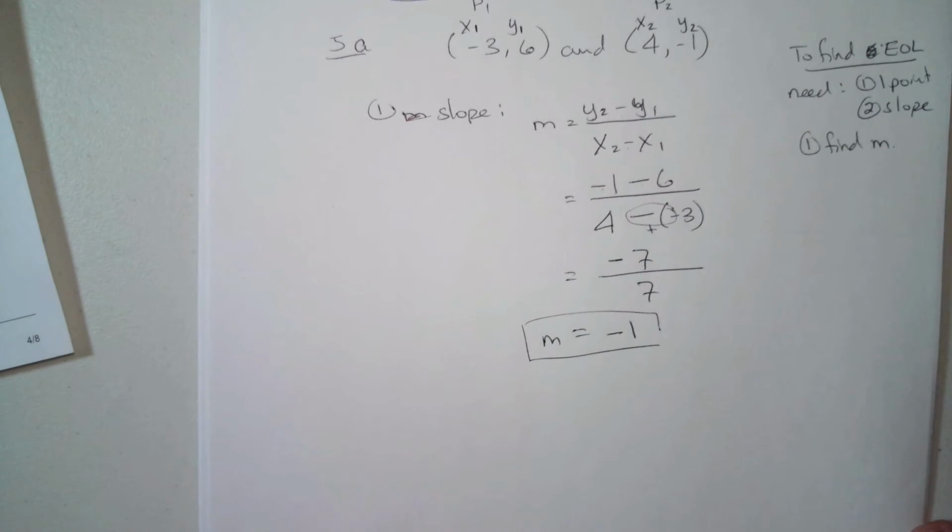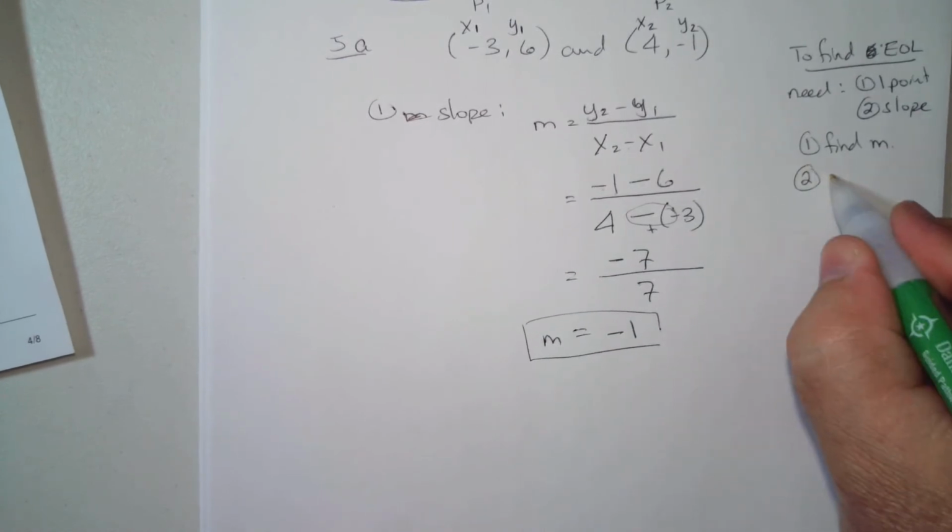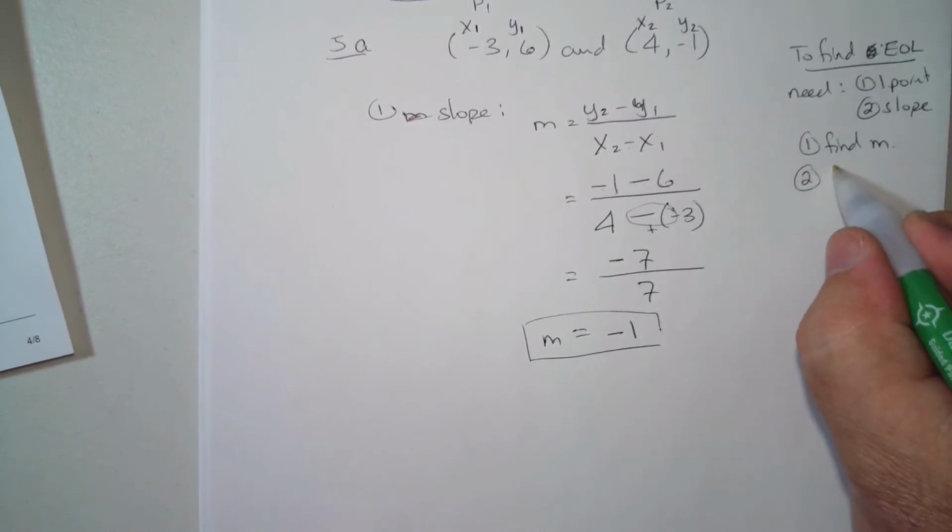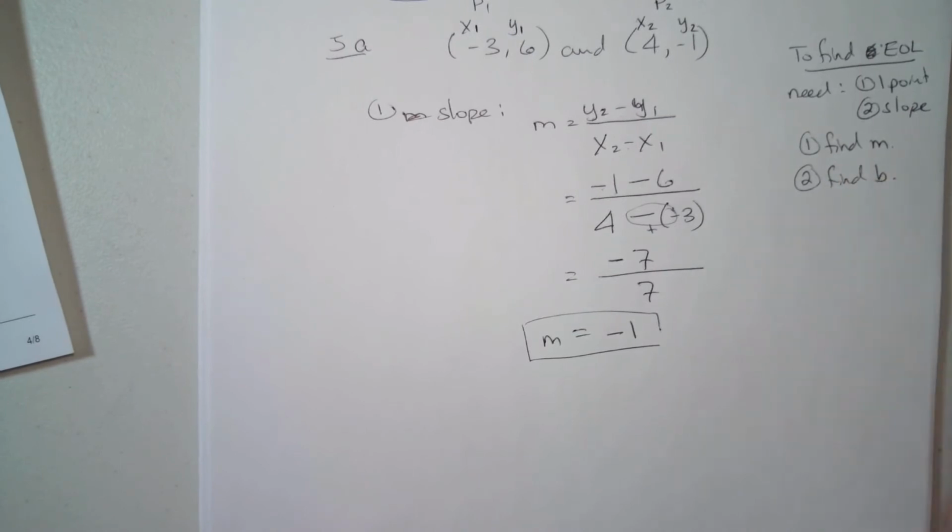So we found the slope. Now, in order to put it in y equals mx plus b, we have to find b.